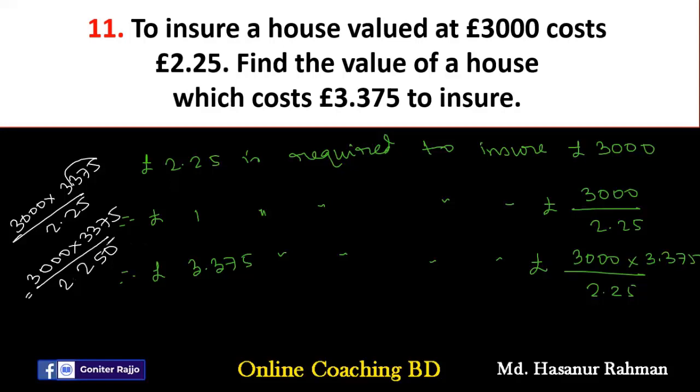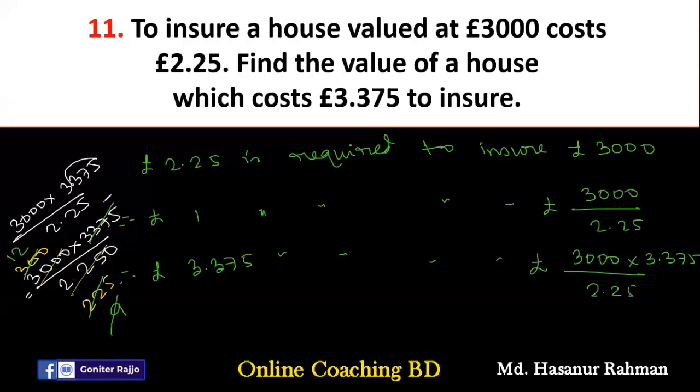How can we divide? At first we can divide this one by 10. Then it will be 225, and here we'll get 300. Now we have to divide this 300 and 225 both by 25. Then we'll get 25 9s are 225 and 25 12s are 300. Then we have to divide 3,375 by 9.